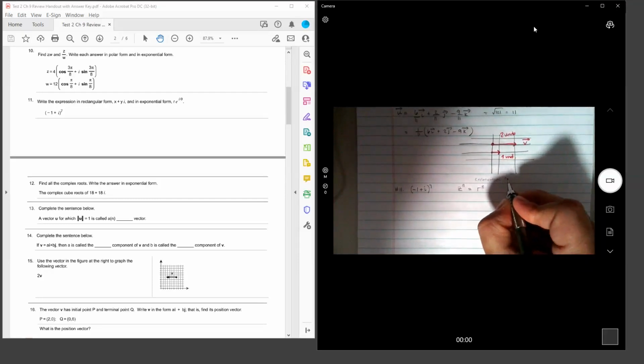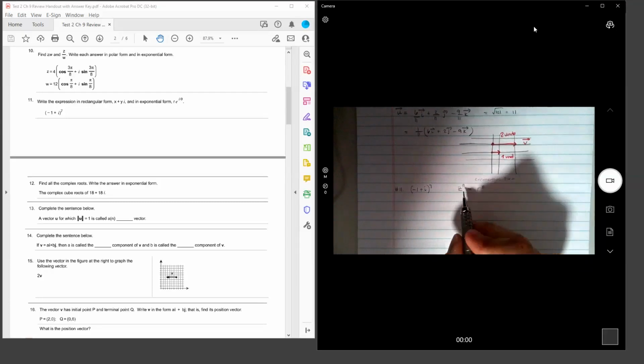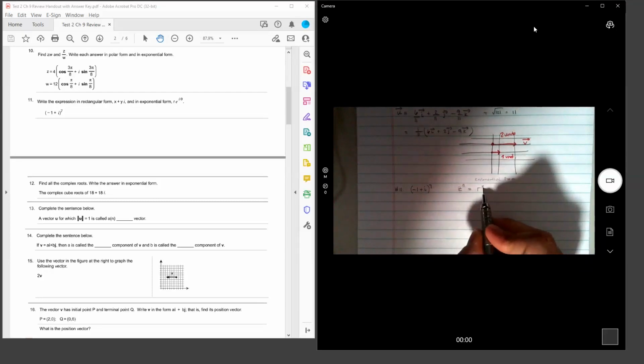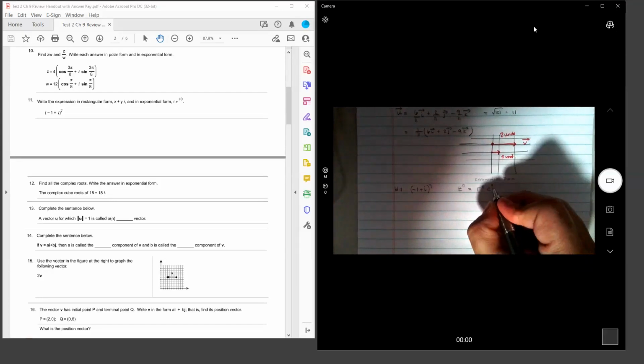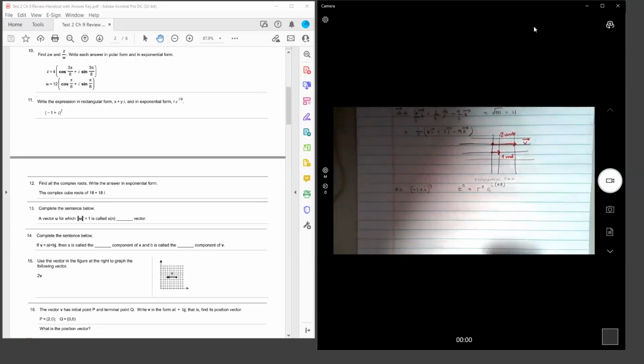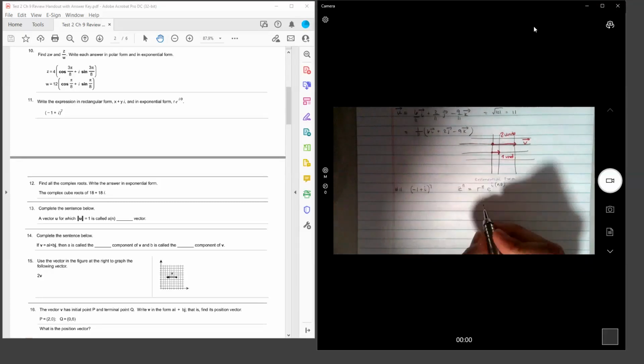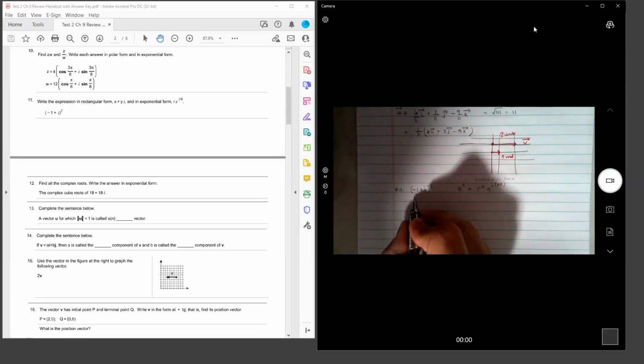I should have said that first. So therefore, the complex number raised to the n power is the magnitude raised to the n power times e to the i theta, n times theta. Okay. So in this particular case, we have a complex number z in rectangular form.